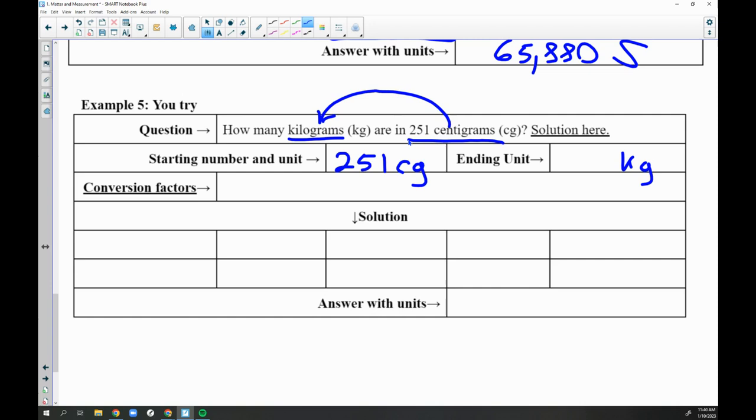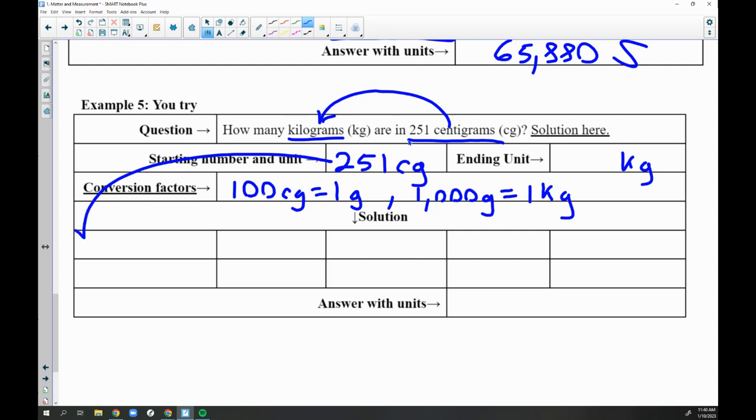You'll notice when you look at page 44 that there is not a direct relationship between these two, so we have to do it in 2 steps. We have to go, first of all, from centigrams to grams, and that relationship is 100 centigrams equals 1 gram. And then we have to go from grams to kilograms, and that relationship is 1,000 grams equals 1 kilogram. And I got both those relationships again from page 44. You don't have to memorize those.